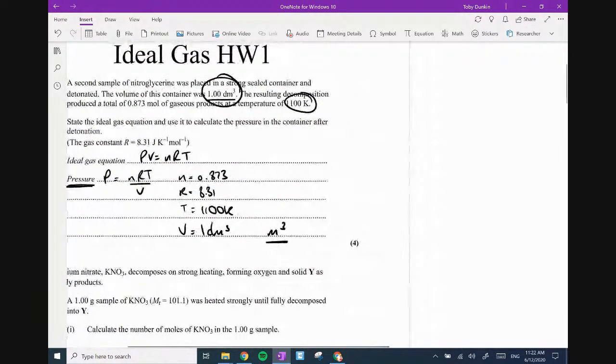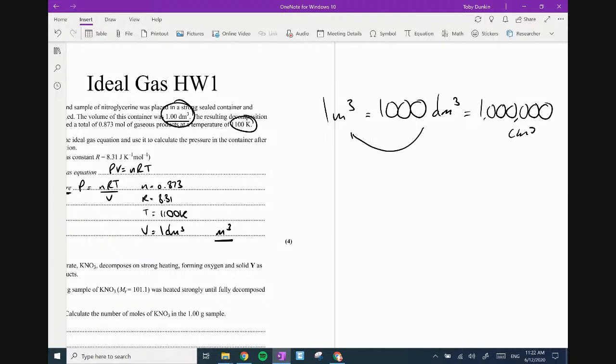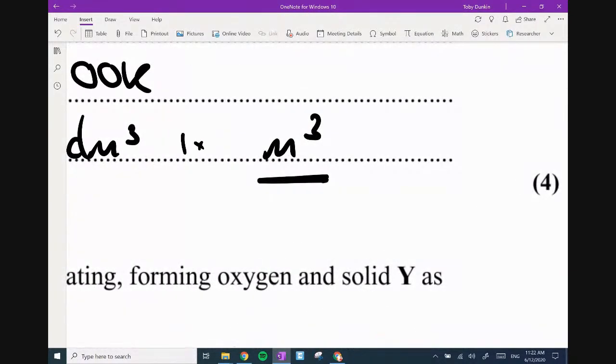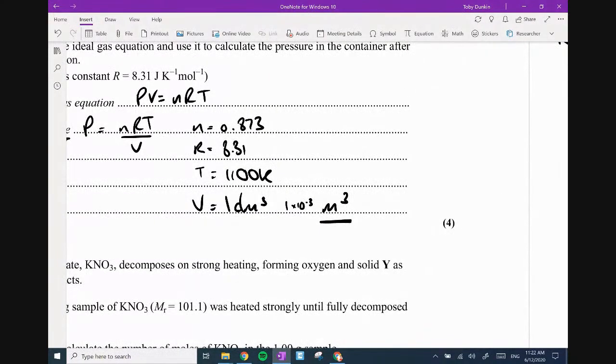I didn't really talk to you about this conversion enough in the first lesson. I told you that 1 meter cubed equals 1,000 decimeters cubed, which equals 1 million centimeters cubed, but I didn't do any examples of conversions. So if we're going from dm cubed to meters cubed, we divide by 1,000. That becomes 1 times 10 to the minus 3 meters cubed.